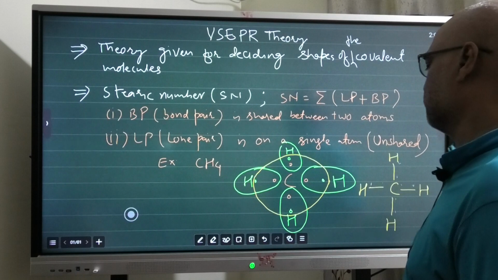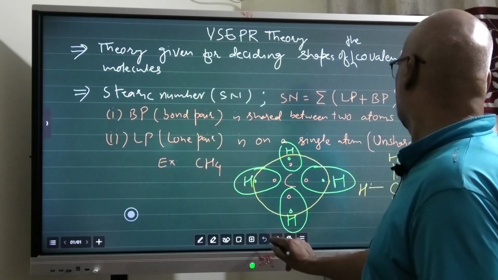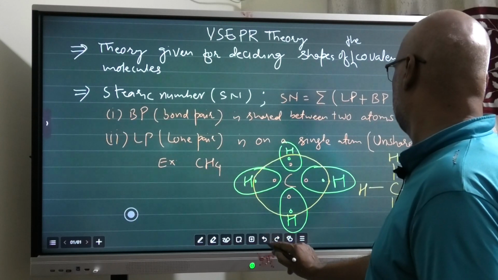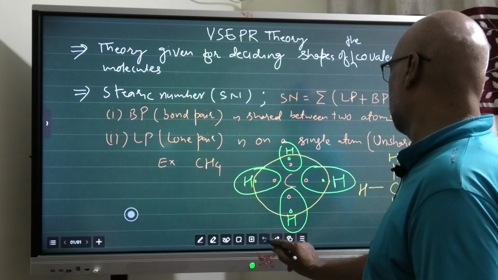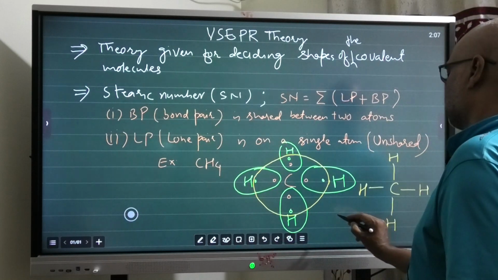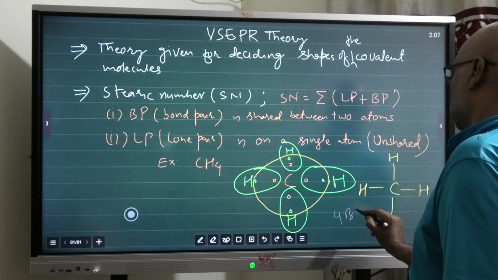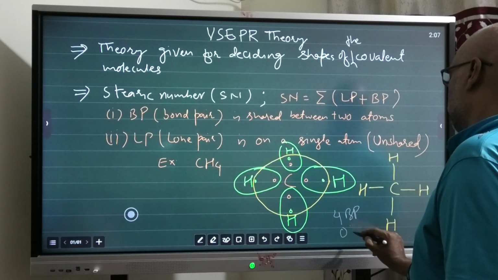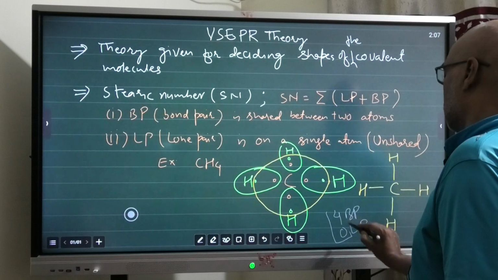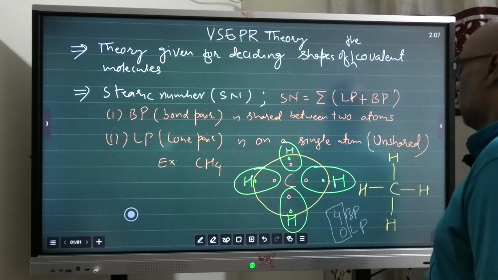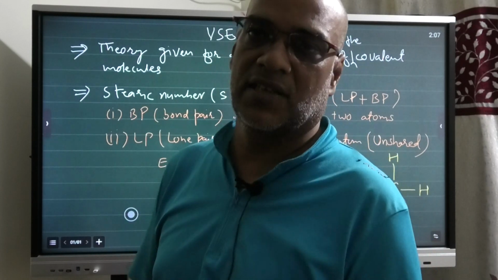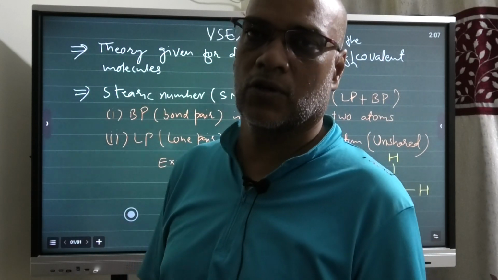Here you can see there is no lone pair. All the electrons are shared. So there are only 4 bond pairs and 0 lone pairs. Is it clear? Okay.